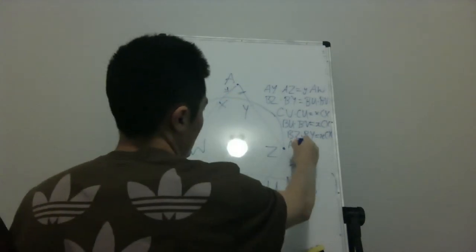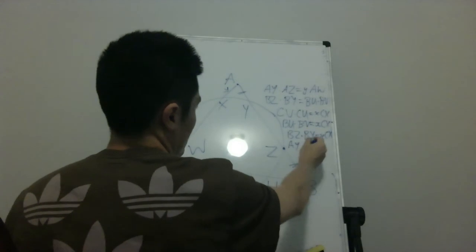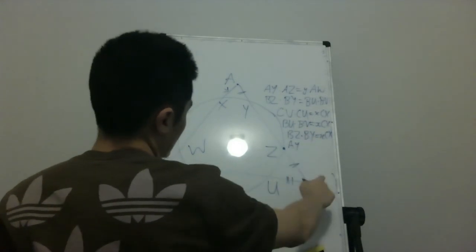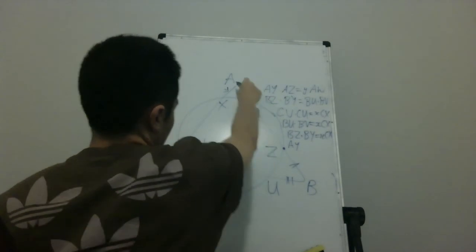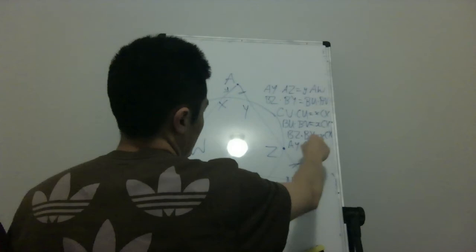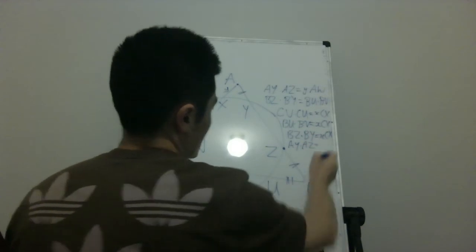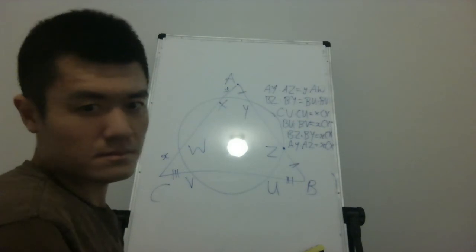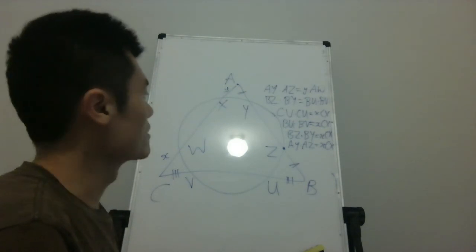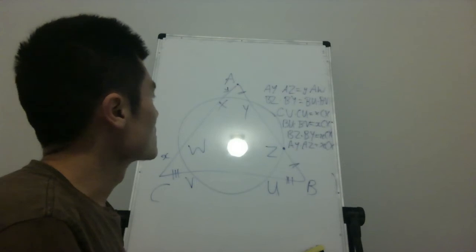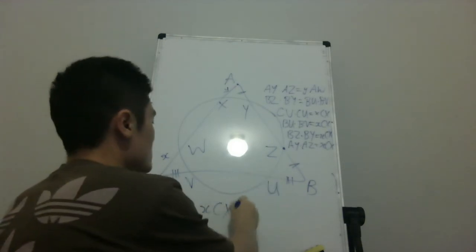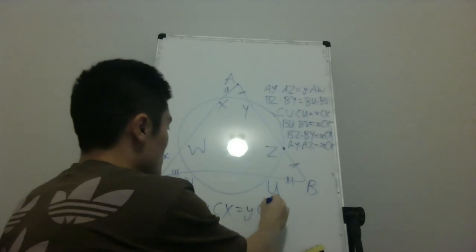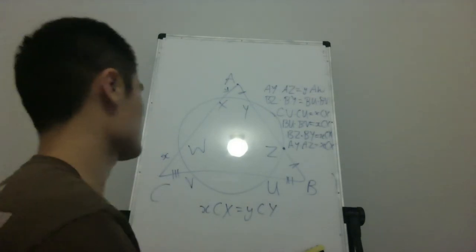BY is equal to this plus this, which is equal to AZ. And so that's equal to AY times AZ. And then therefore CX times CW is equal to AY times AZ. Okay?